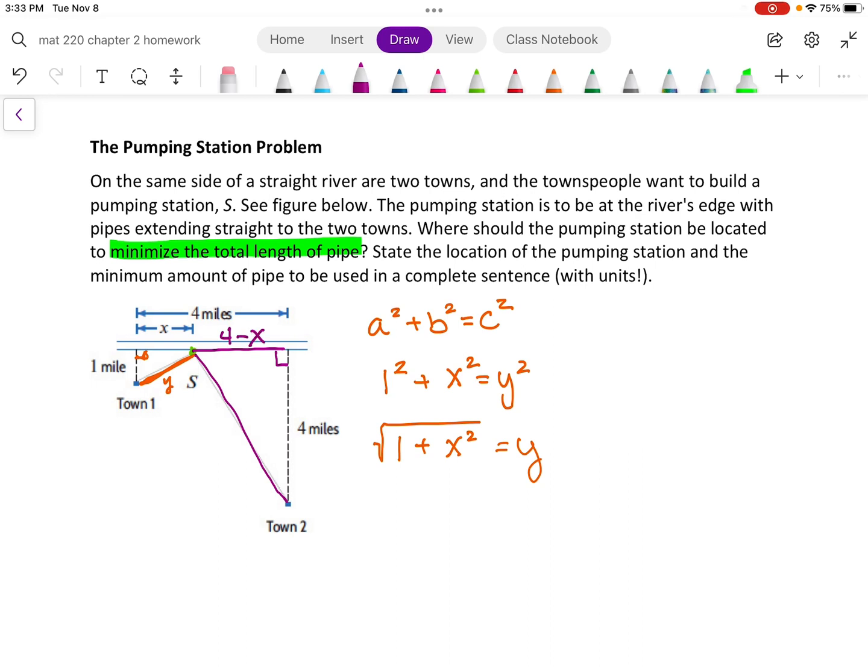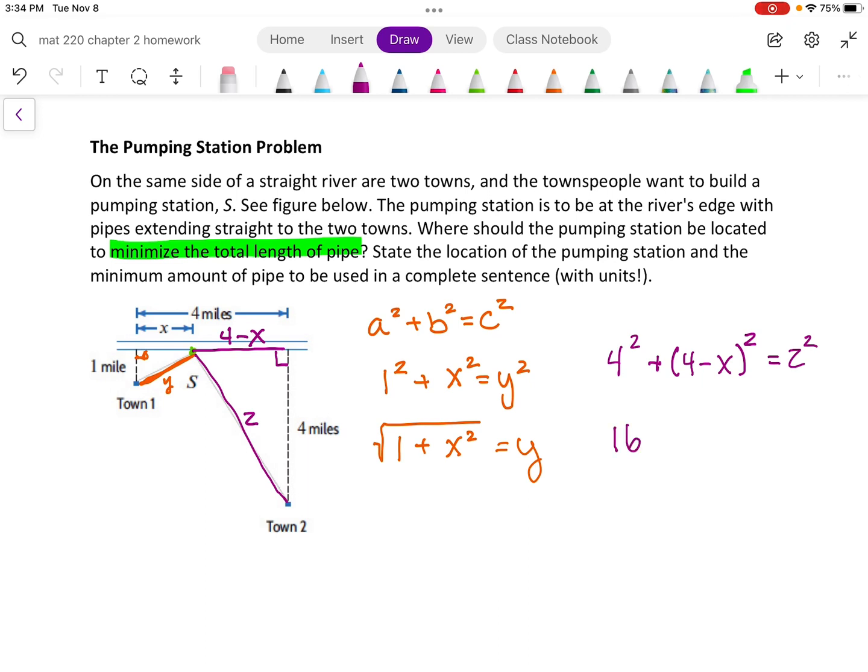So if I go through and use the Pythagorean theorem now, I have 4 squared plus (4 minus x) all squared equals, and let's call this side z, z squared. If I wanted to solve for the length of z, I would do the same thing I did over here.